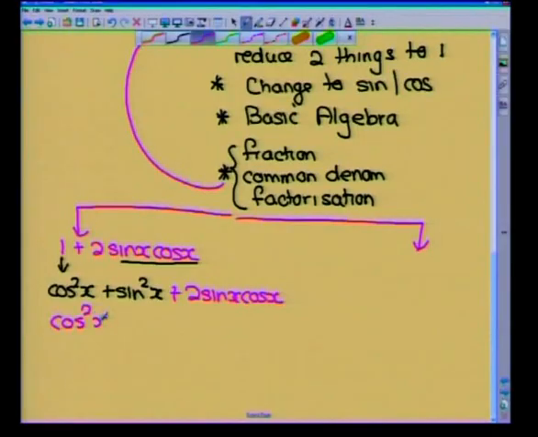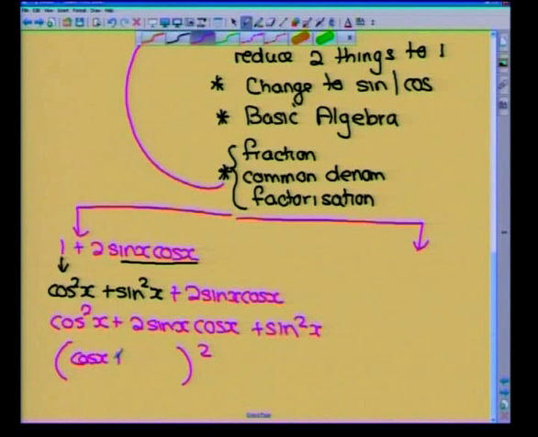Well, yes, I have told you that. But remember, you've actually got to a point where you can't do much else. So this would then become cos squared x plus 2 sine x cos x plus sine squared x. And that would then factorize to cos x plus sine x, squared, which is nice, and we can then carry on working. The other option we have is if we're looking at something like this.